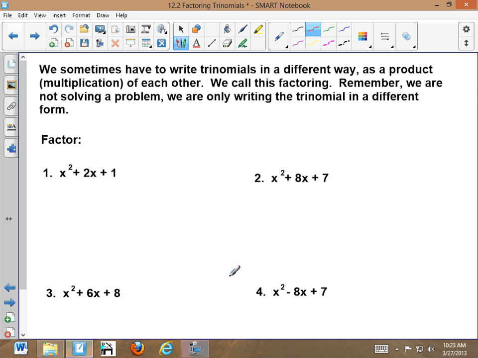Okay, now we're going to take these trinomials and we're going to turn them into two binomials that we multiply together.